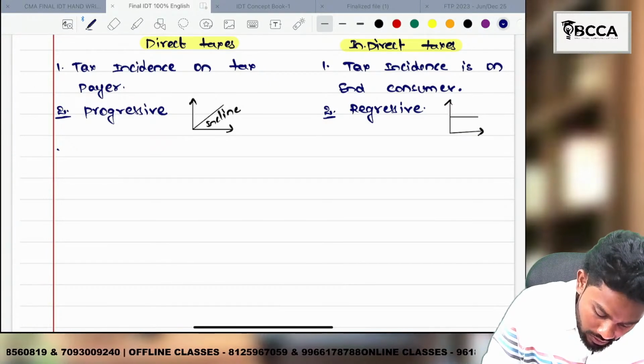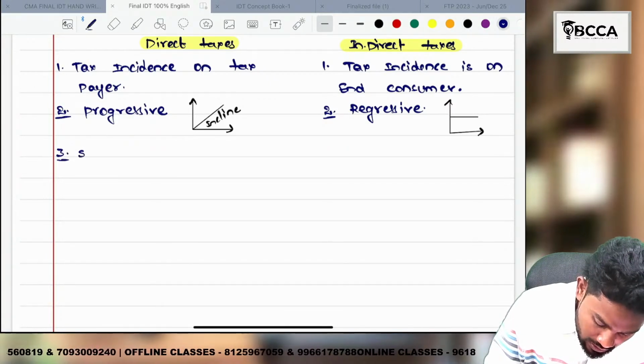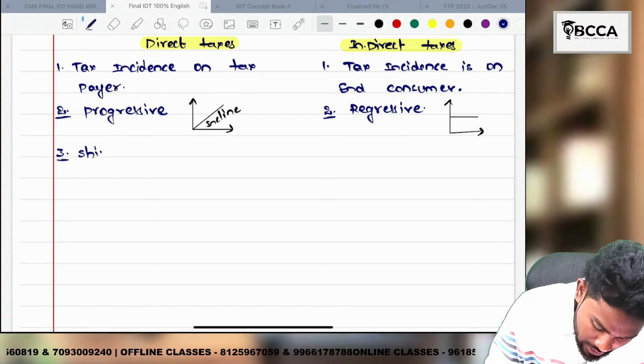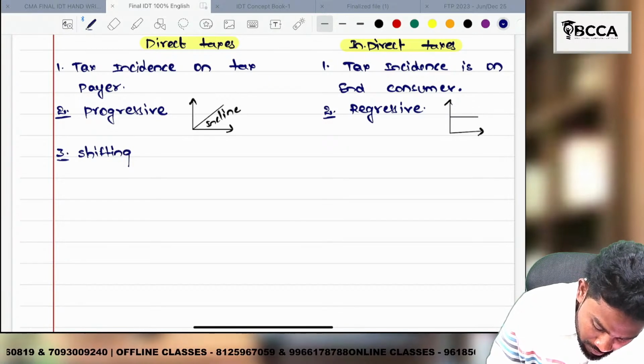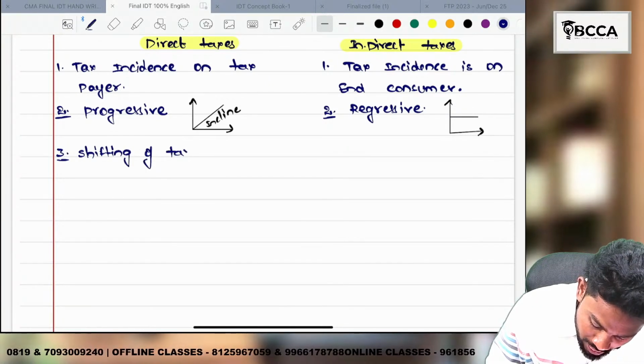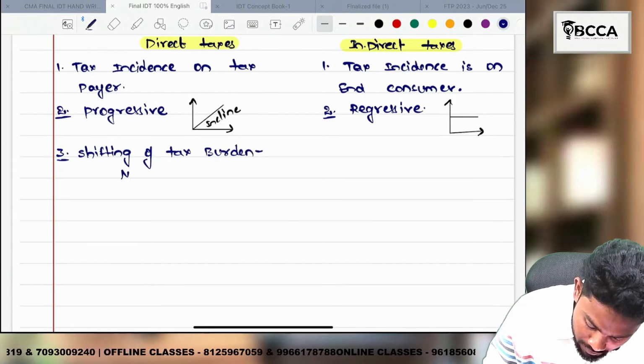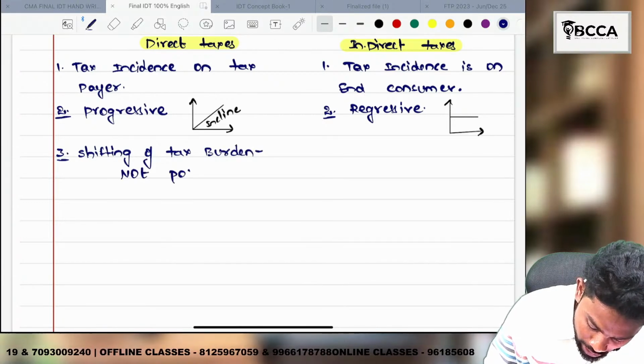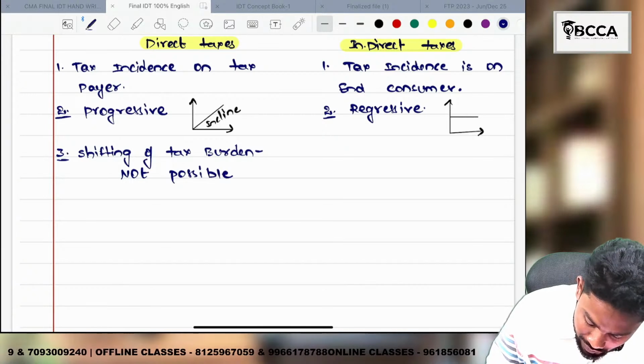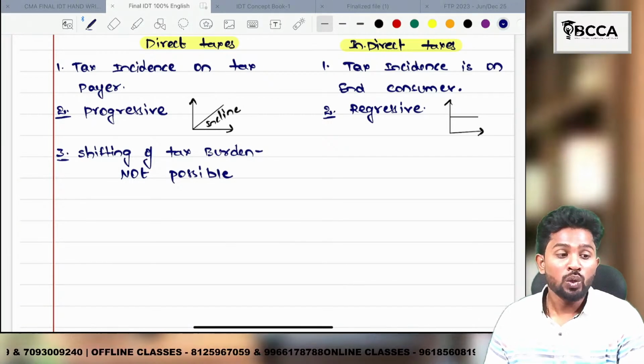Then direct taxes, shifting of tax burden not possible.